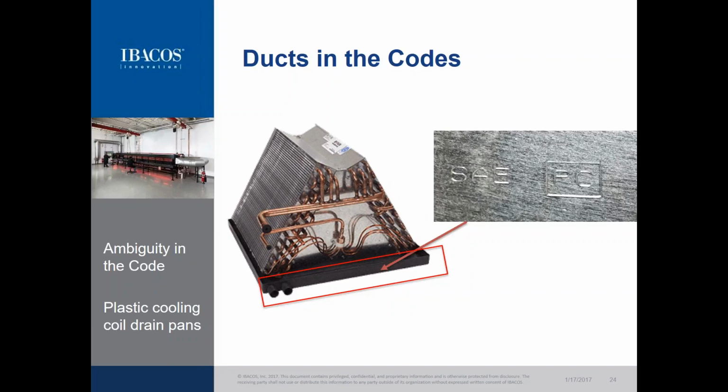It's clearly made of plastic, but there's really no reference to UL 181 or any other classification on the component itself. And this is basically right next to the heat source. So we're trying to hone in on exactly what the issue is when it comes to the classification of ducts, and where plastic materials fall within that. Really, what's the basis for the requirements that are currently in the code?